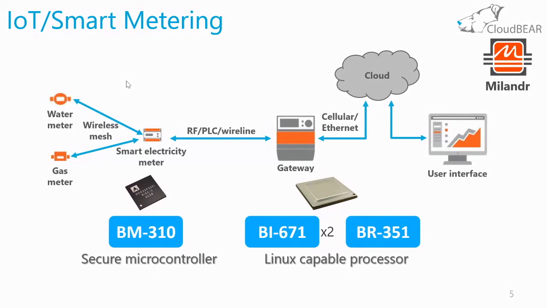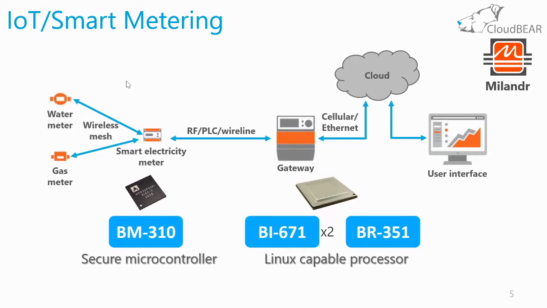So in this product there will be 2 processors which will use RISC-V based on our cores. First, a secure microcontroller, which is based on BM310. It's already available for the customers, and I will talk about this chip in detail in the next slides.